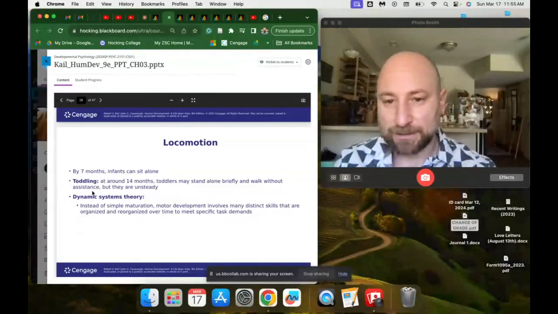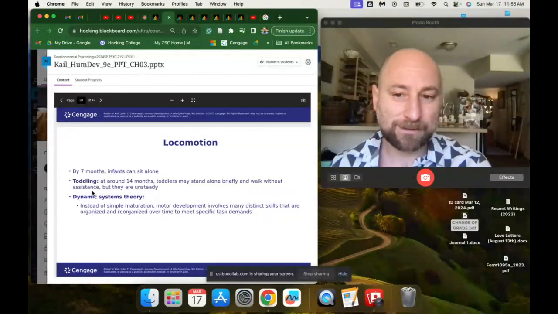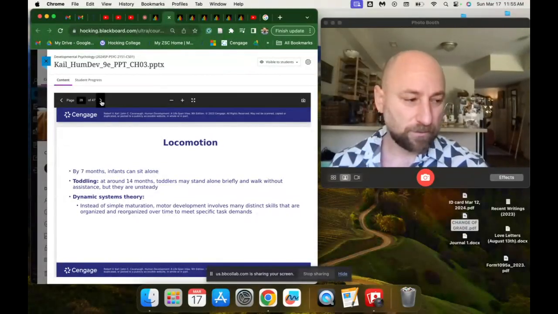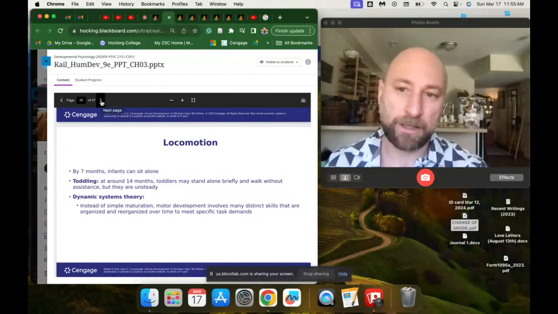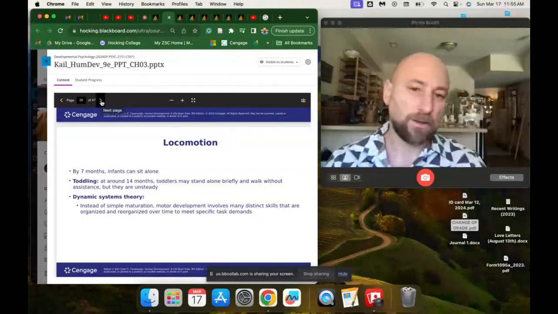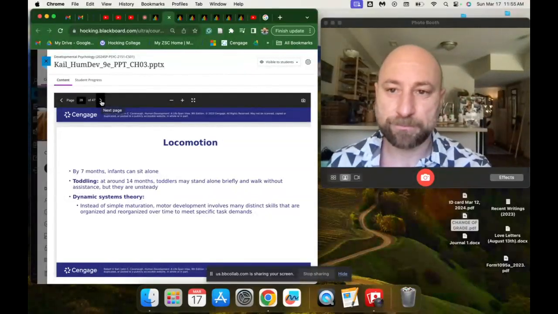According to dynamic systems theory, instead of simple maturation, motor development involves many distinct skills that are organized and reorganized over time to meet specific demands. So physical stimulation, climbing, running, jumping, little games like itsy bitsy spider, went up the water spout, all these things are really important for children to develop different parts of their brain.